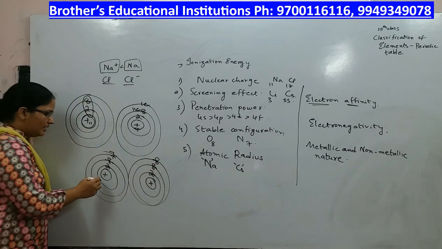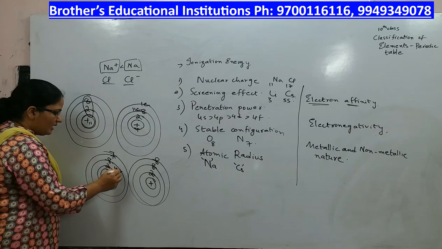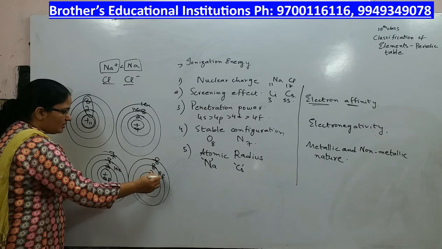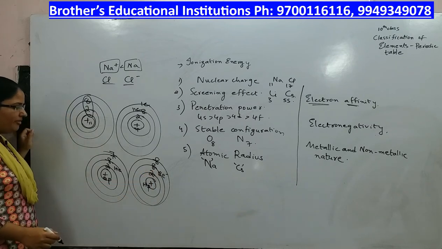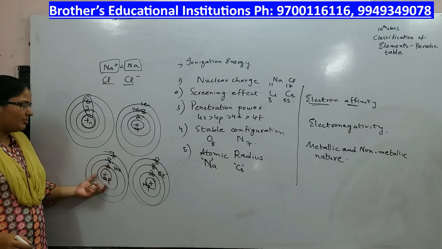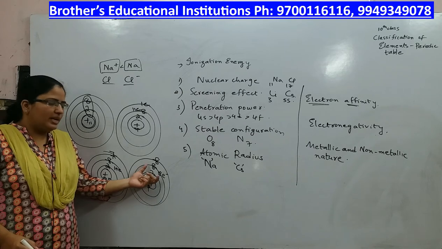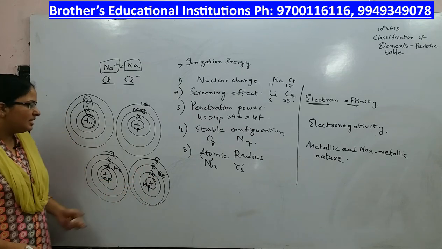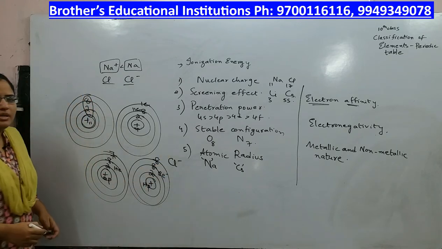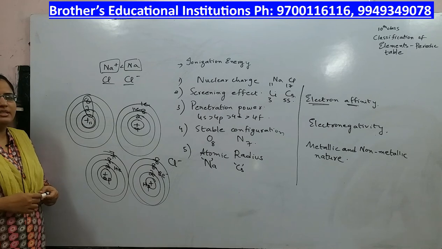Here you have 17 protons and 17 electrons. Here you have 17 protons and 18 electrons. The hold of 17 protons over 17 electrons is greater than 17 protons over 18 electrons. Because of this, Cl minus has bigger size compared to Cl. So this is about the atoms and their ions and their sizes.